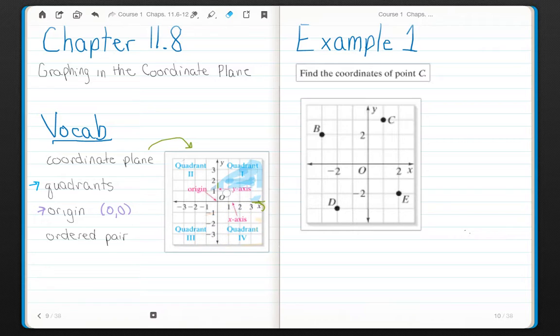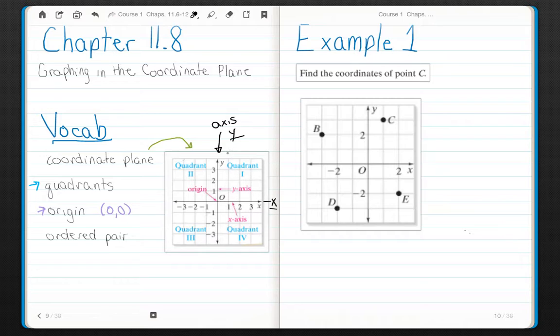So we have a nice clean coordinate plane again. The line is called the axis. That's the number line. The vertical one is called Y. The horizontal number line is called X. And we can identify any place on this coordinate plane if we can identify the X and the Y value.